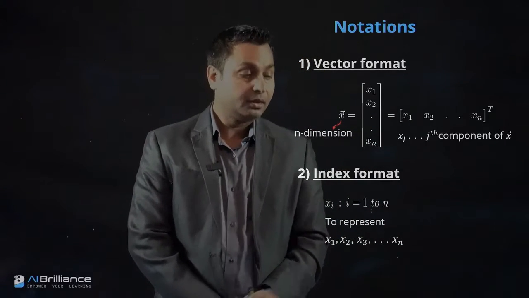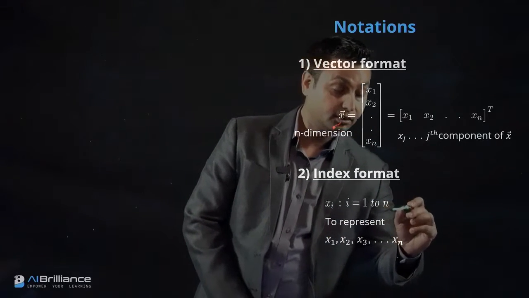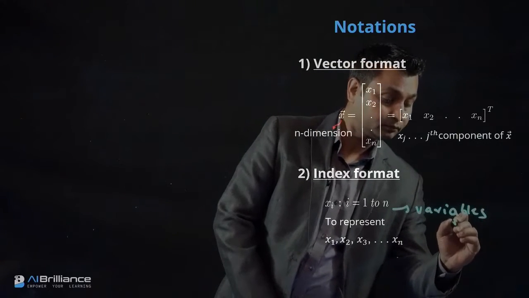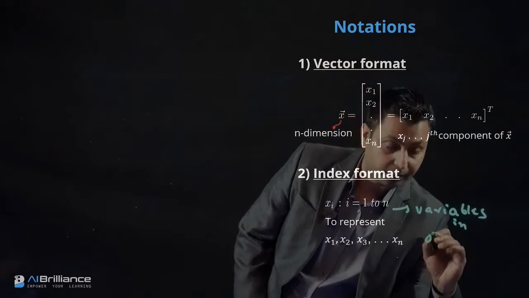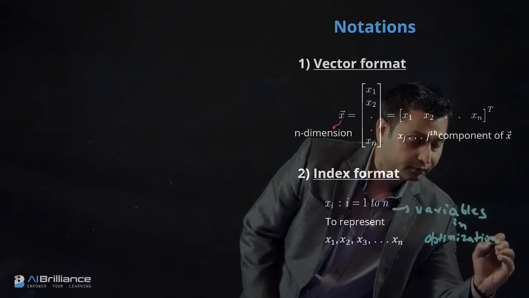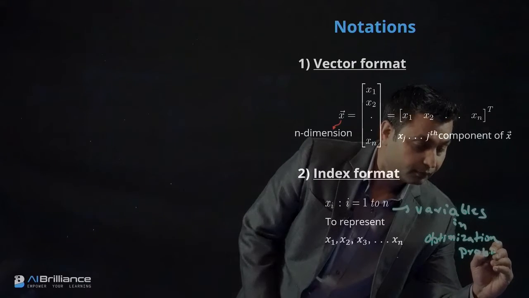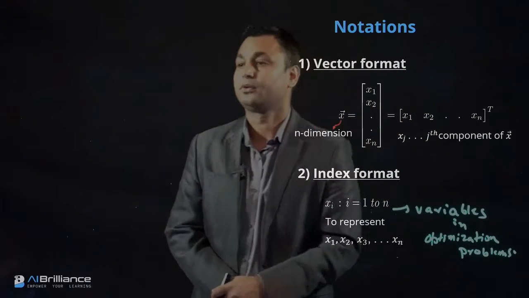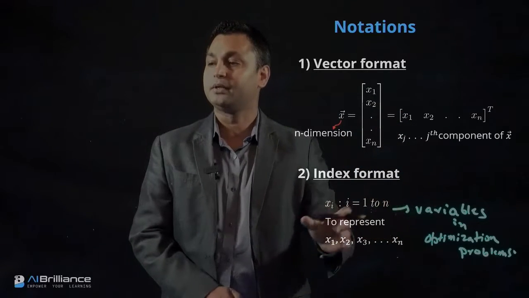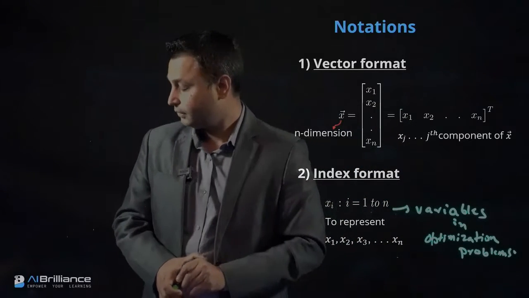Again, these are the variables in the optimization problem that we'll be optimizing for. So that's the important distinction: vector format and indices format, you write the same thing in slightly different ways.